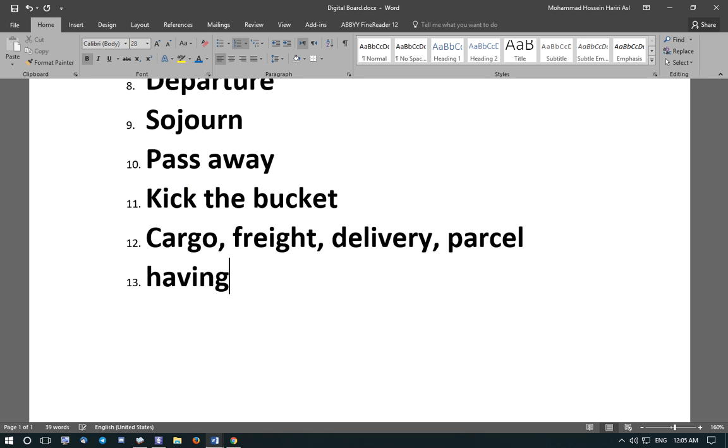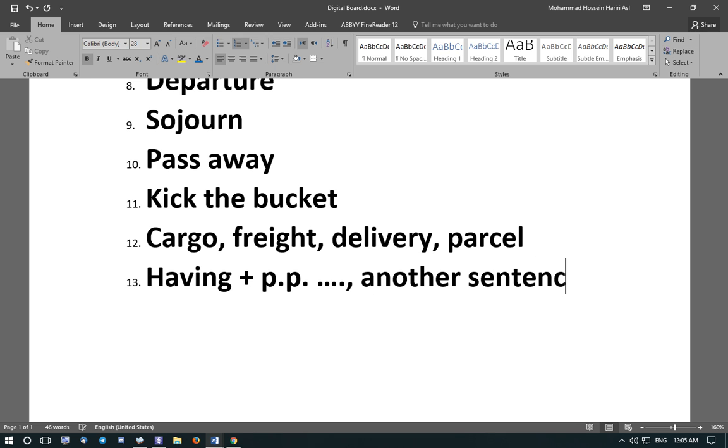Having plus past participle, blah blah blah, comma, another sentence. So here in this sentence, having this structure actually takes place before this one. So there is a hierarchy, or a sequence of, let's say, things happening chronologically ordered.